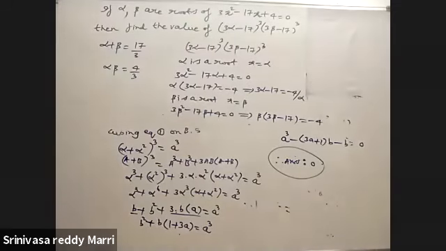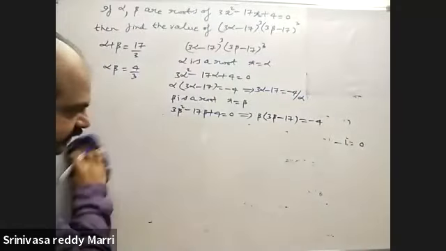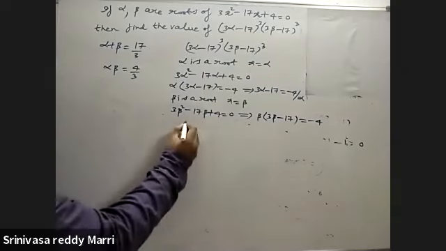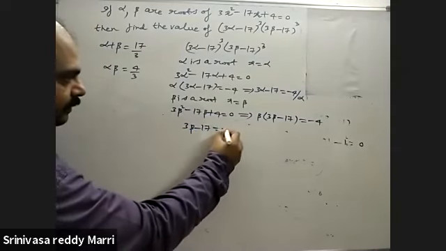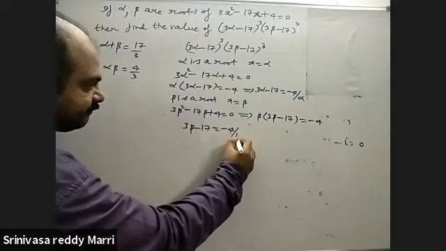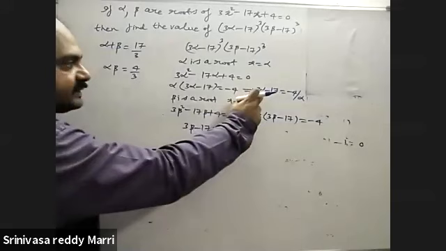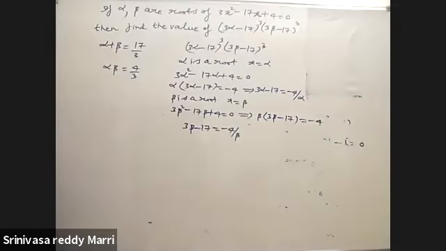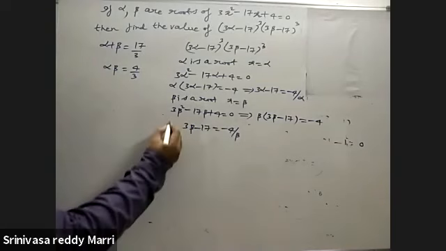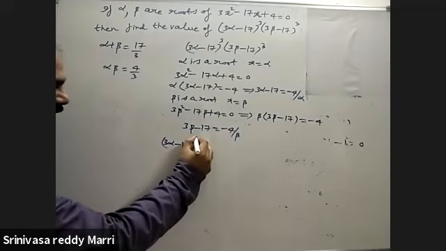Now 3 beta minus 17, similarly, just like in the first one, is nothing but minus 4 divided by beta. That means in place of this one, you can substitute minus 4 divided by beta. Now, what is given? You have to find the value of this.